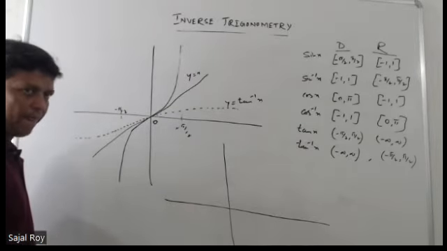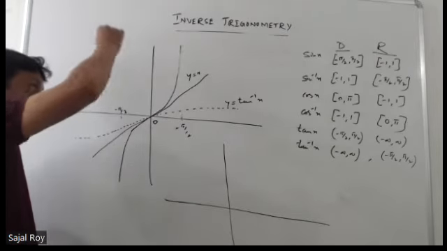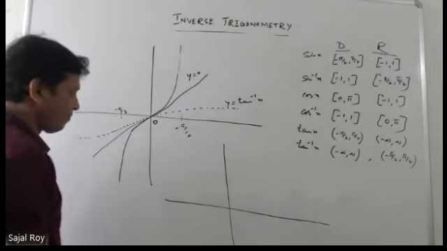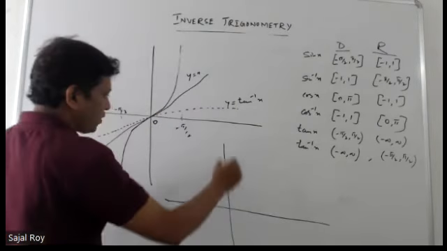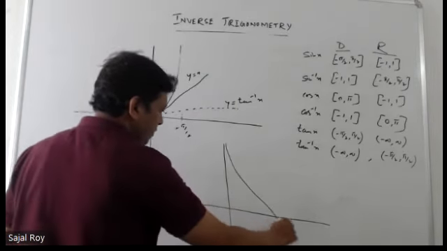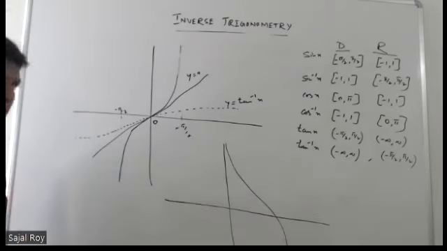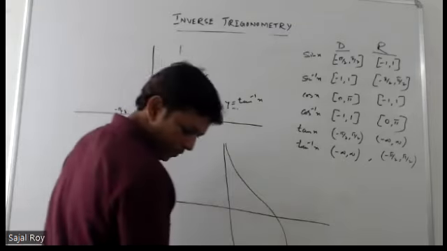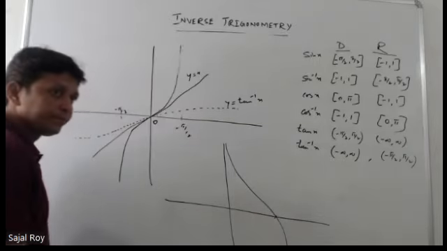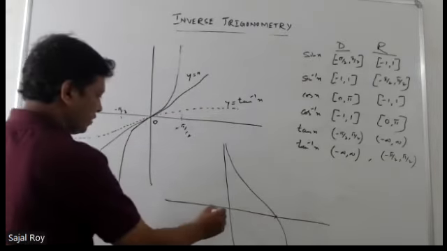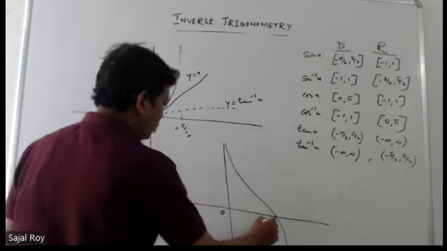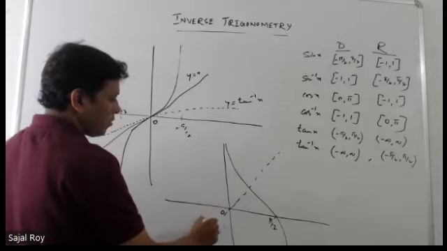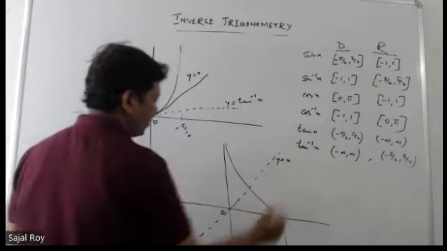Okay. Let me draw cot inverse x also. Cot inverse x is decreasing. So what is your cot x? Cot x will be like this. And what about this point? This is the origin. Pi by 2. This is the y equal to x line.